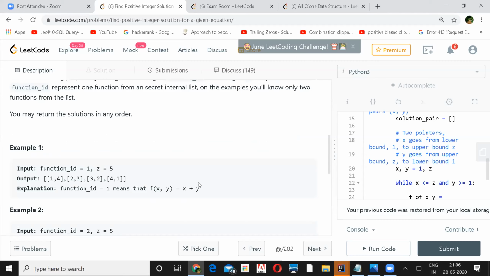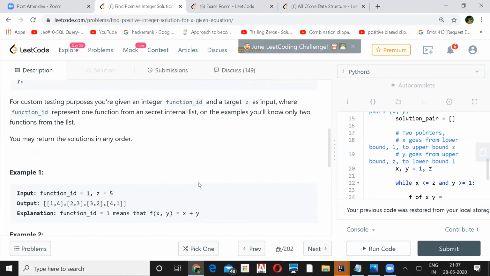Or they will have something internal, and then from there. Yeah, that is what the problem statement is. It's very hard to understand, because we don't know the function's behavior. Even though they are giving the function ID here, when you try to implement it, you cannot use this function ID, correct? Exactly.